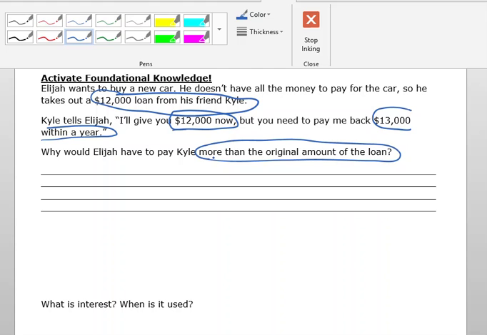Okay. Well, there's a couple of reasons. These guys are apparently friends, but when you take out a loan, essentially you are, and I'm going to link the great Khan Academy video to this, but essentially you are renting money.